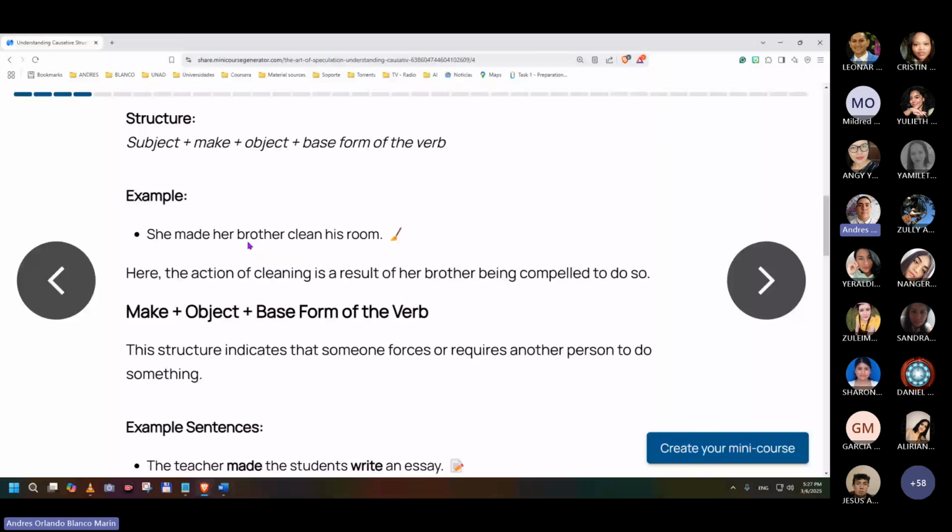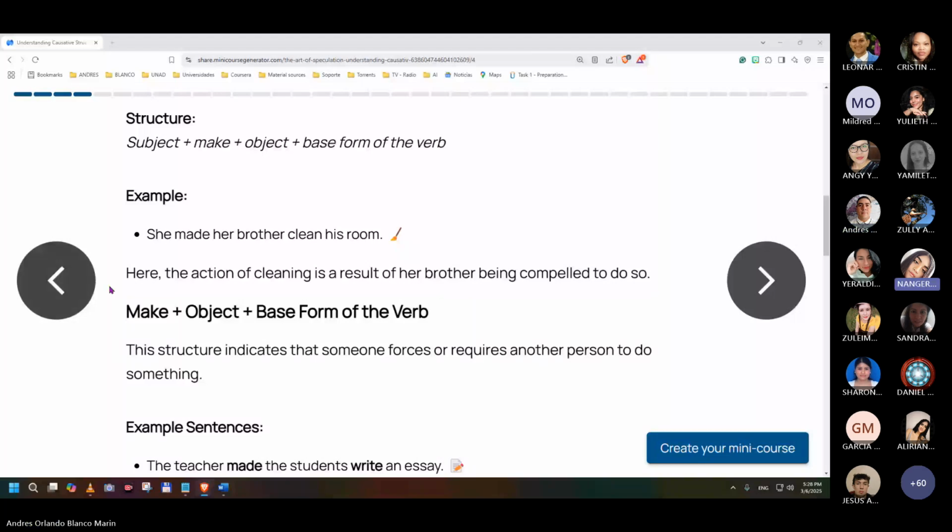She made her brother clean his room. Who is the subject? Her brother? No. She, a woman. And the object, a grammatical object, her brother.